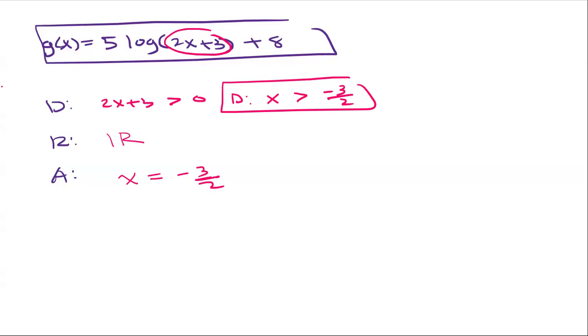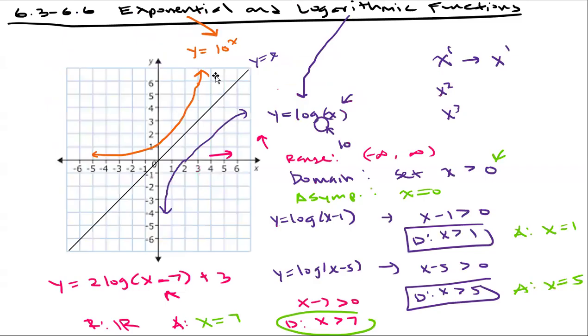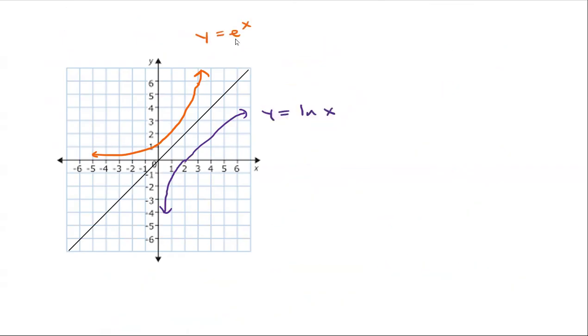Okay, so let me go and talk about the last point here because it's important. So another way to write this, so we talked about this here, right? y is equal to 10 to the x, if we reflect it over y equals x, is y equals log of x. What happens if I change the base to what's called e? e is just a number, e to the x.